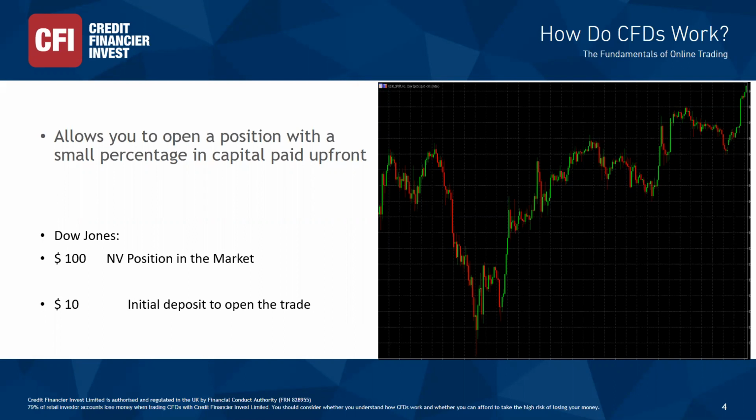Because if you put $10 and it goes up $1, then you have made $1 profit, so 10% of your total position. That is one of the major advantages of CFDs. So yes, this is essentially how CFDs work, okay?